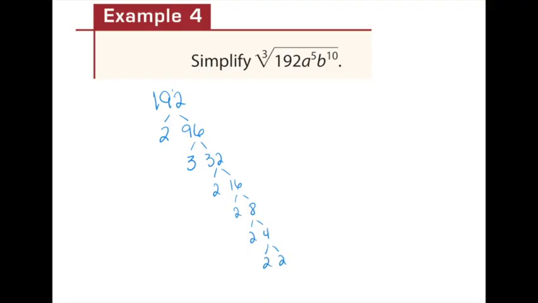Okay? Then I'm going to look at my index. My index is a 3. That's how it has to come out. It has to be in sets of 3 to come out. So I'm going to look at this and say, okay, it has to be in sets of 3 in order to come out. So I have 1, 2, 3 2s right here. Okay? So I have a 2 that's going to come out because of that.